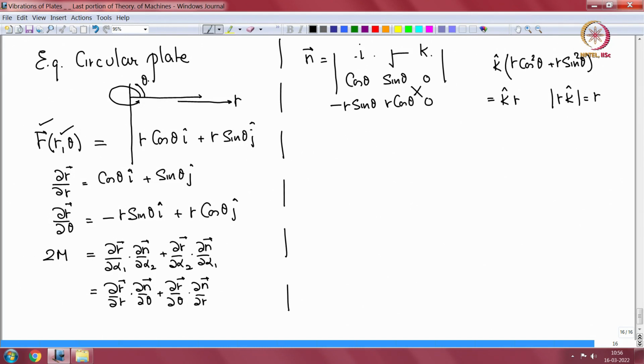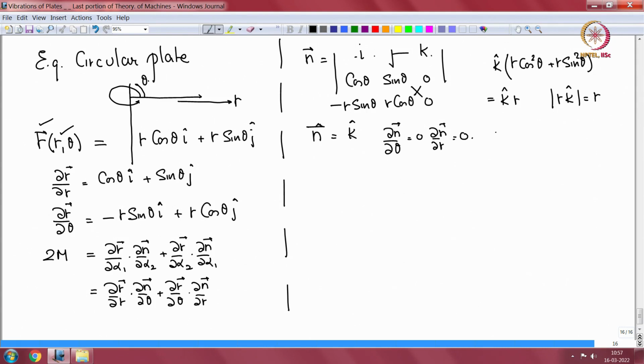Now what is the unit vector? The unit vector is k hat. N is k hat. So now if n is k hat, then del n by del theta is 0, del n by del r is 0.